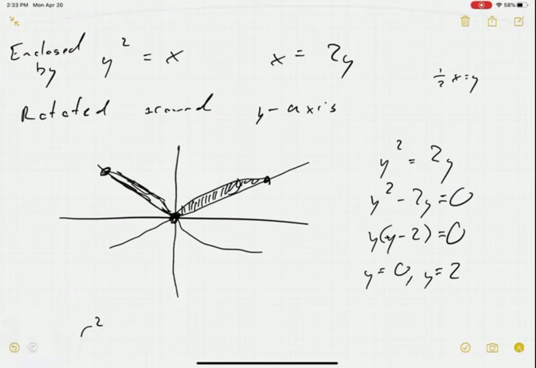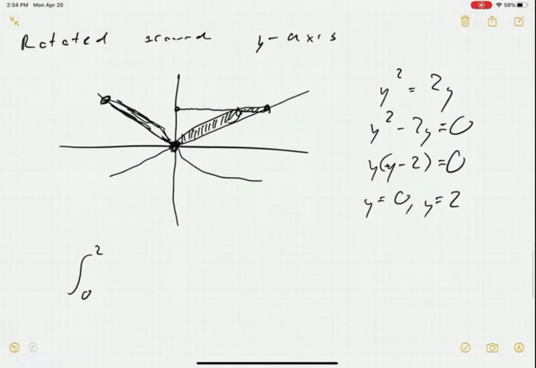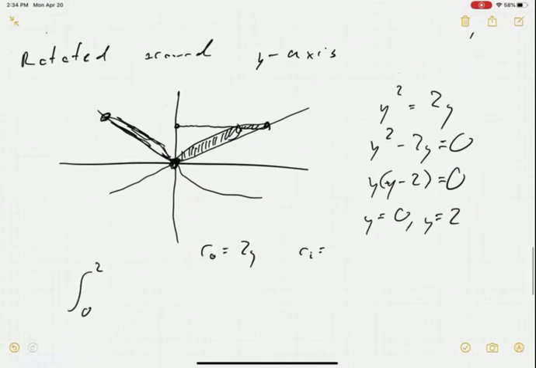I'm measuring my outer radius from the line I'm rotating around, the y-axis. My outer curve is x equals 2y. So I want R_O equal to 2y and R_I equal to y squared.